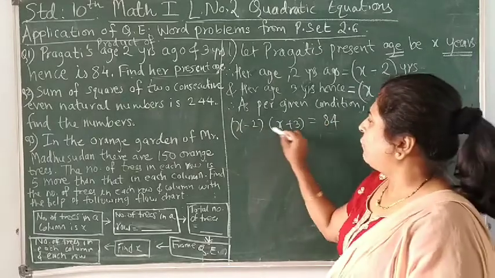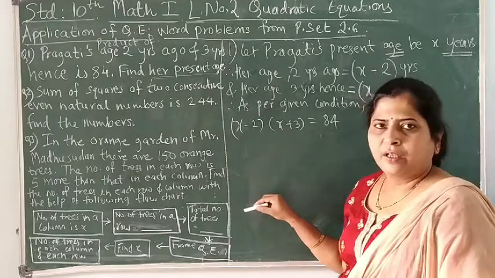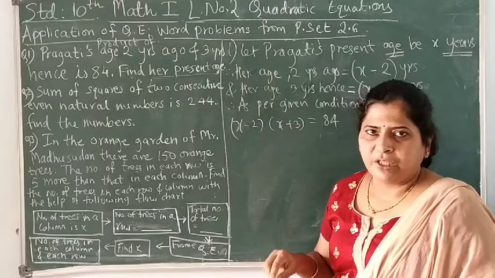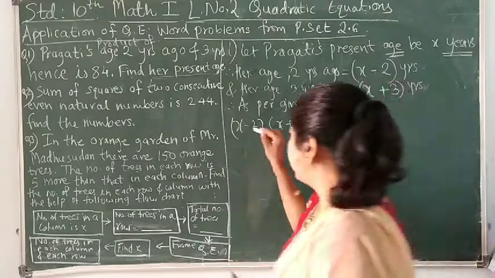Now we will solve this equation and get the values. Of course, as it is quadratic, we will get 2 different values and we have to check whether both values are acceptable or not. So let's first solve this.